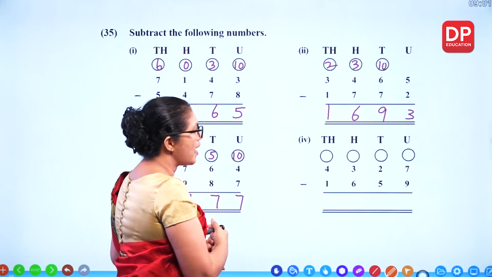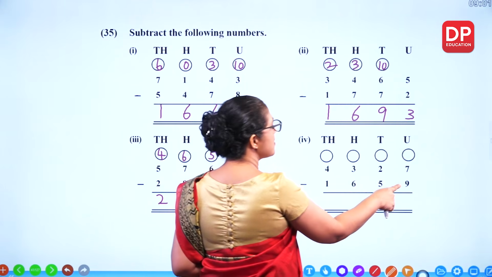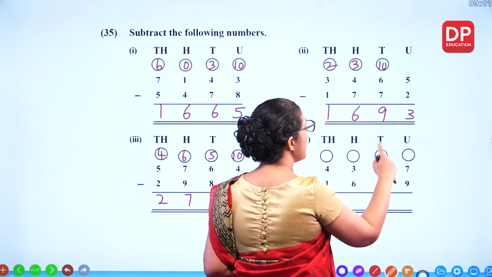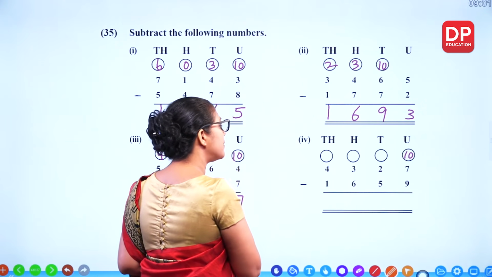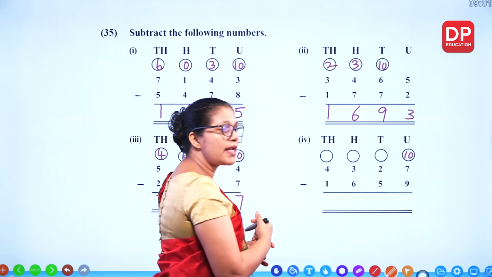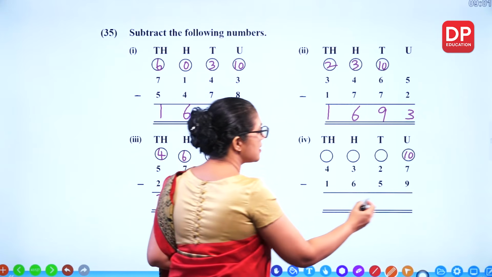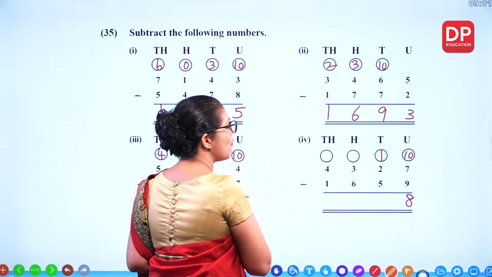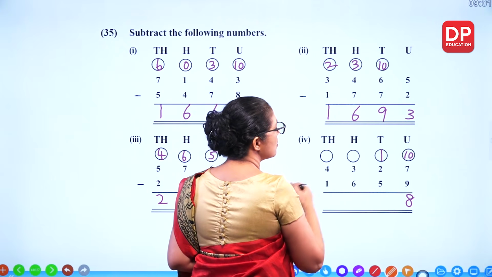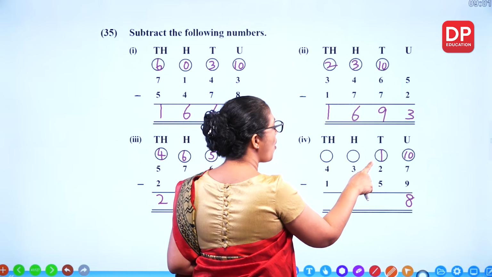Now do the subtraction here. You can't subtract 9 from 7. You take 1. So this becomes 10. 17 minus 9. What is 17 minus 9? 8. Then this is 1 now. We have already taken 1. Can we subtract 5 from 1?